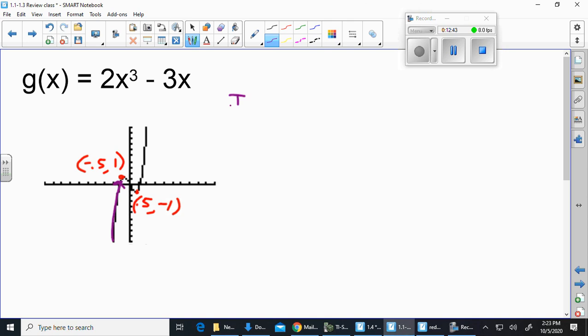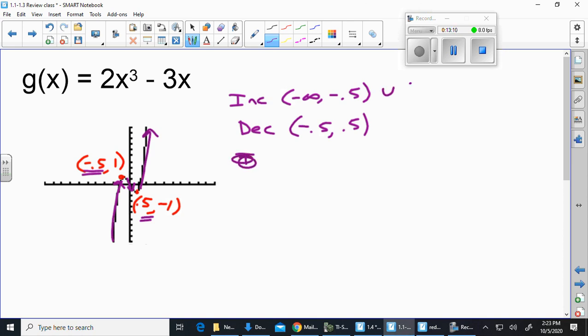It's increasing from always negative infinity unless it doesn't start to the left. When does it stop? At that x. Then it goes down. So it's decreasing from negative 0.5 to 0.5. Then it goes up. So I would go back here, increasing from 0.5 to infinity.